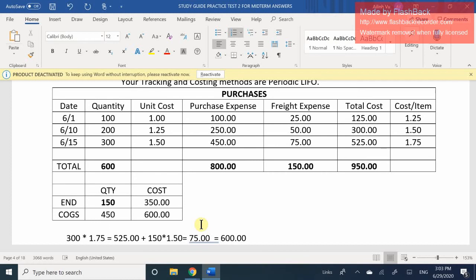Let's see what this ending inventory is supposed to be. 125. Okay, so 150 times 50. Yeah, 50 times 150 is 75.